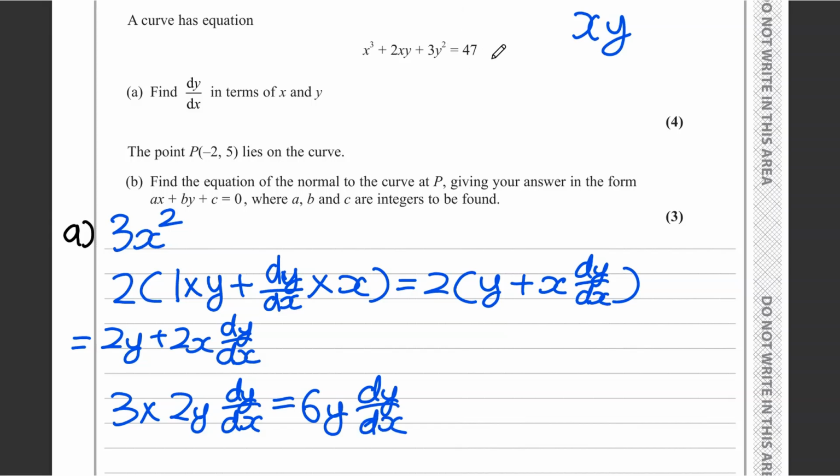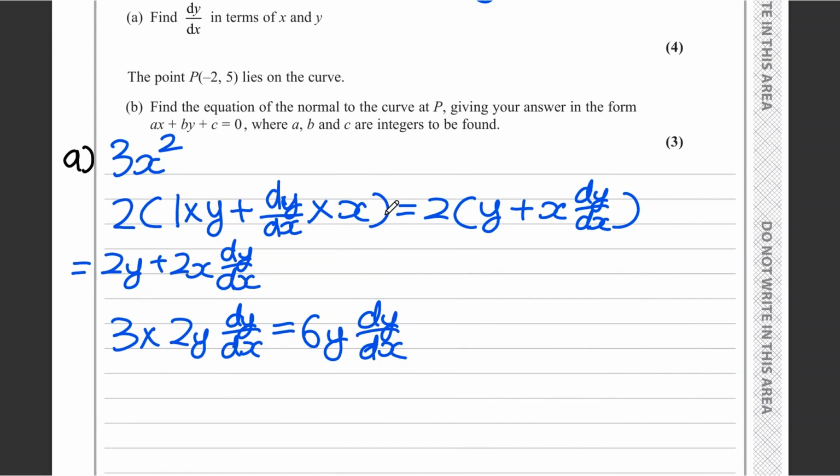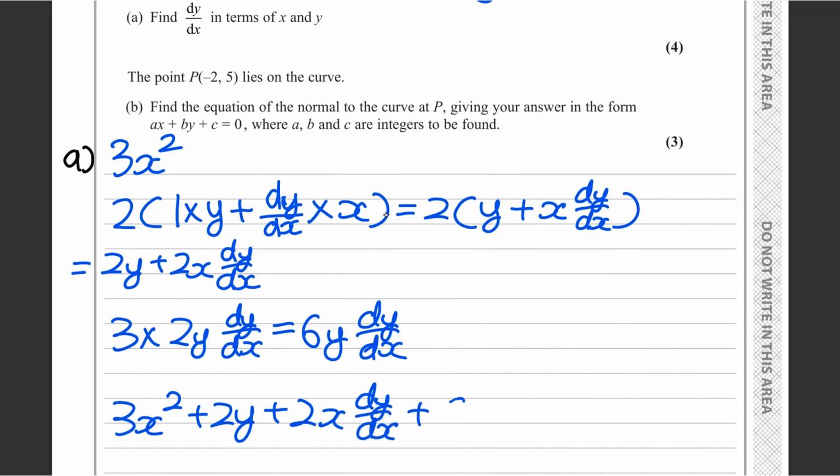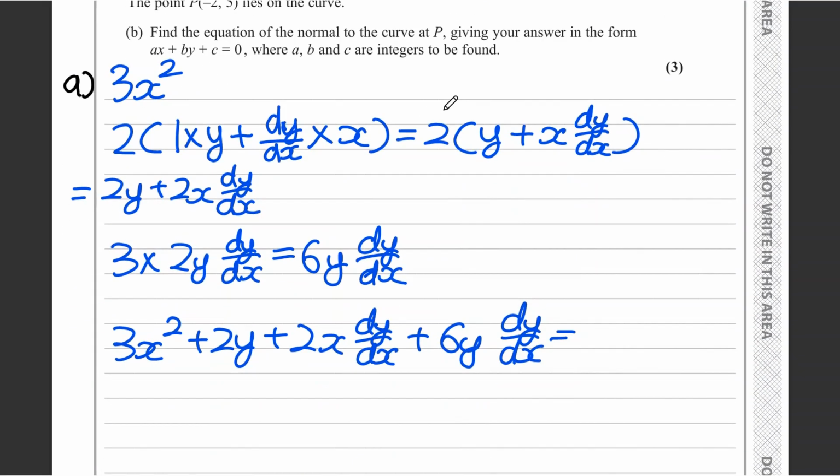This is 3y squared differentiated, and then 47, when you differentiate it, as it's just a constant, will just be 0. So if we add these terms together, it's going to be 3x squared plus 2y plus 2x dy over dx plus 6y dy over dx, and this is equal to 47 differentiated, which is equal to 0.